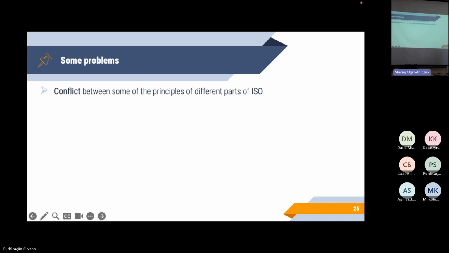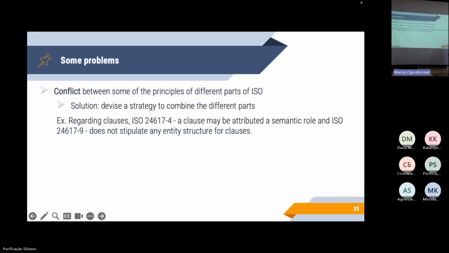But again, this is the first time that so many parts are combined together, so they don't cover everything. And I can tell you that there were problems like, for instance, there was some overlapping between the different parts. In the different parts, there were tags that were used to annotate the same thing, the same information.